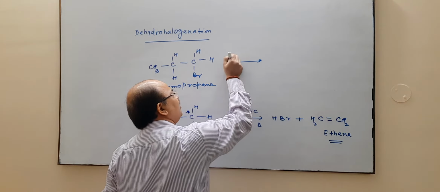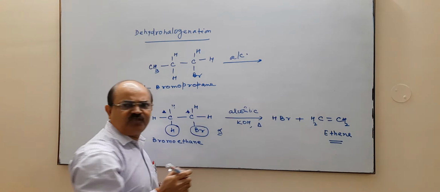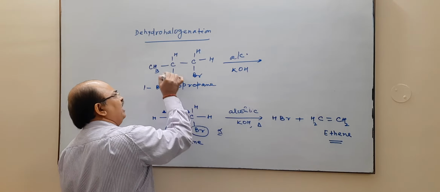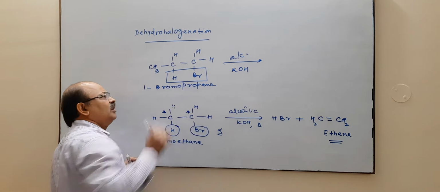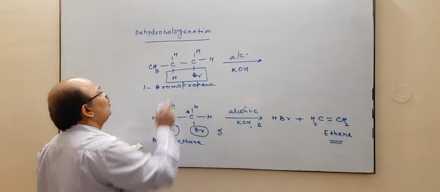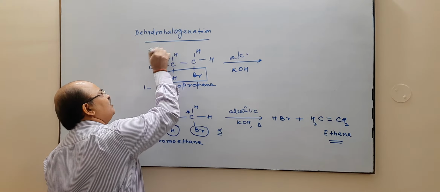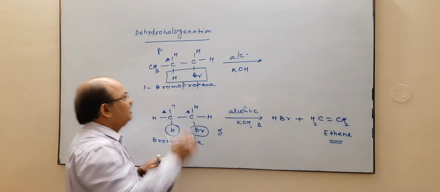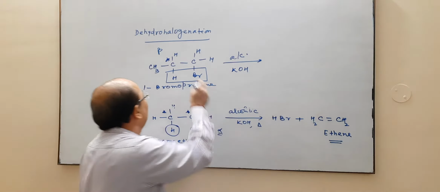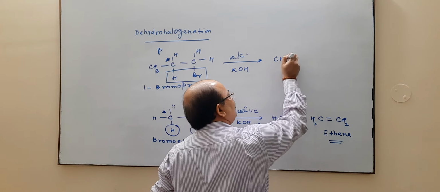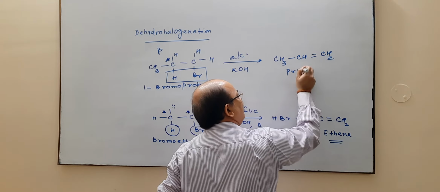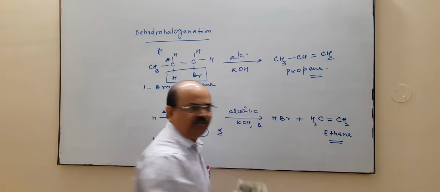Now if we heat with alcoholic KOH, then there is removal of HBr, because this carbon is referred to as alpha while this carbon is referred to as beta carbon. This carbon you are seeing is called the beta carbon, and then it will be CH3CH=CH2, that is again propene.